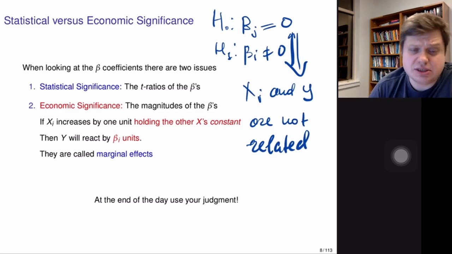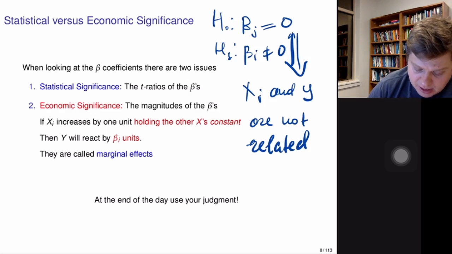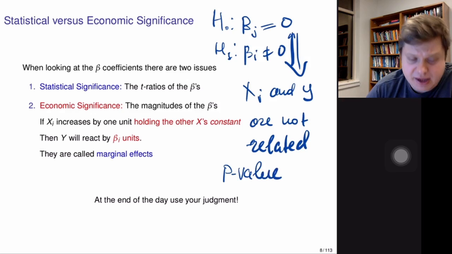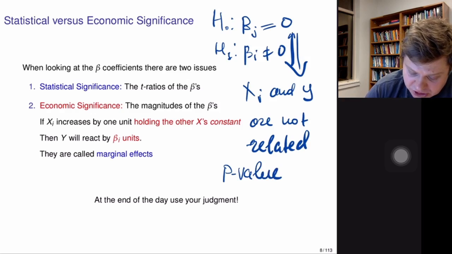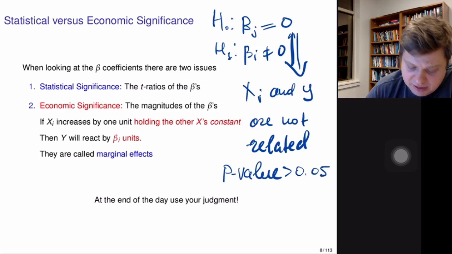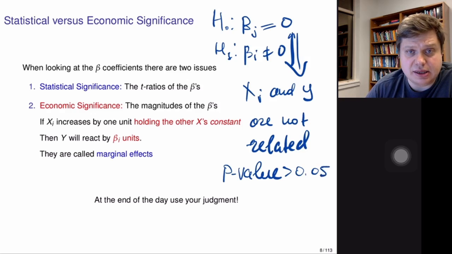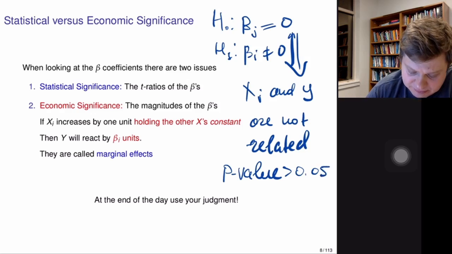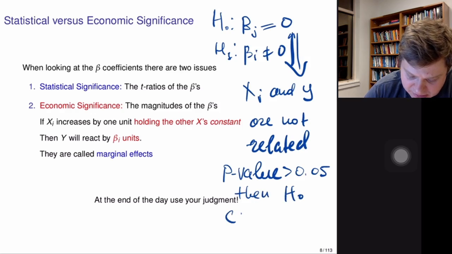And usually the procedure is just to remove this predictor from the model. And the way we're going to check it, again, is by looking at the p-value. And again, it depends on which field you're in, but typically a p-value greater than 0.05 will tell us that the null hypothesis cannot be rejected.